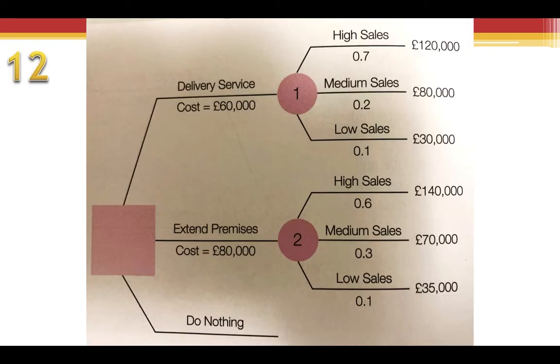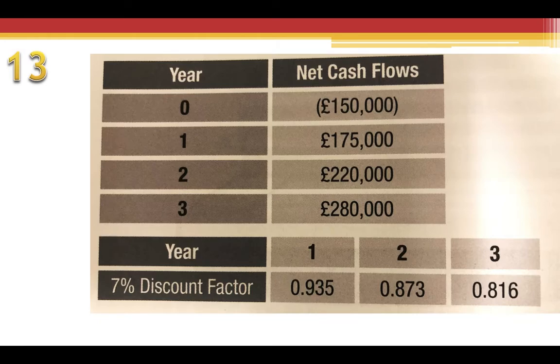Okay, 12, complete this decision tree. What should they do, and what is the expected economic return of the 2 options? We can calculate the ARR, the net present value, and the payback period from this data.